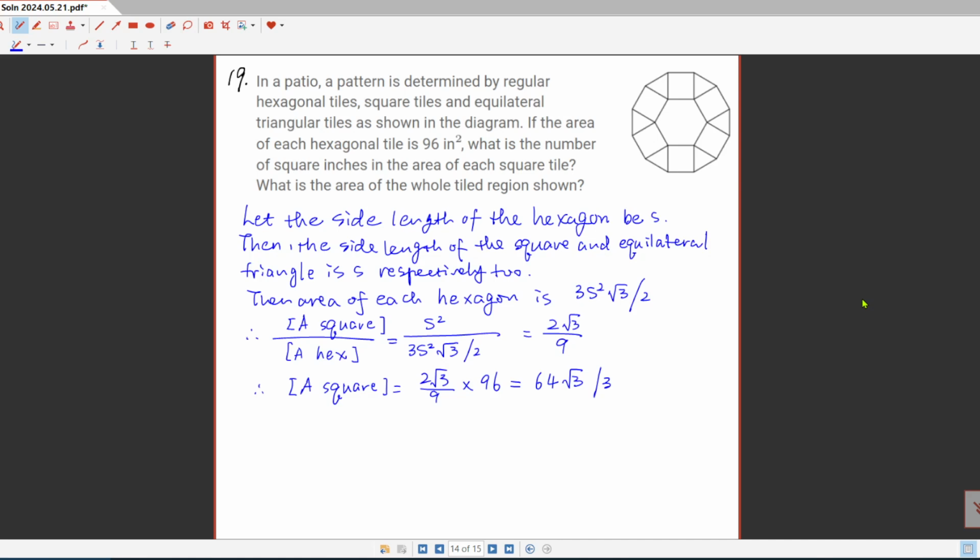Then as for the area of the whole figure, we note that the 6 equilateral triangles together equal the area of the hexagon, right? Which means this area plus this area plus this area plus this area plus this area plus this area equals the area in the middle here, right?